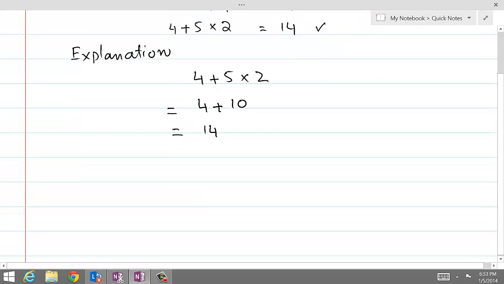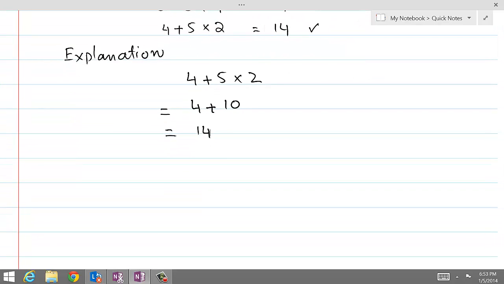So if we want to change this sequence, we make use of brackets.